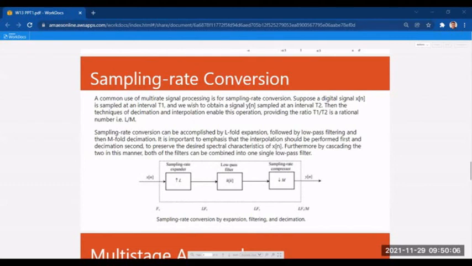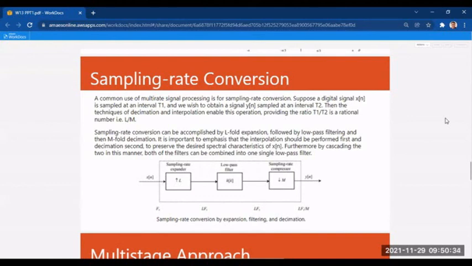To enable this process, we will subject it to a sampling rate converter. Notice that when we download audio from the internet, usually we have choices onto what sampling rate the audio file will be.